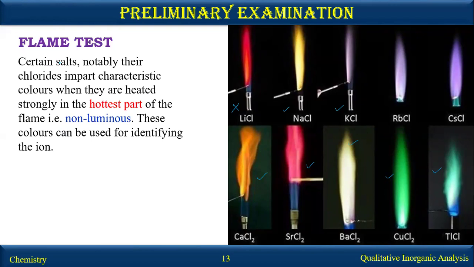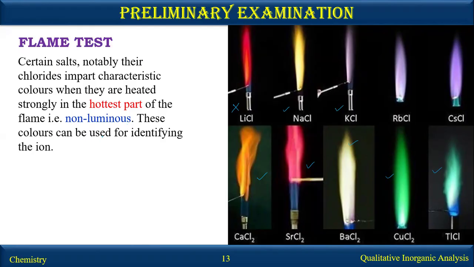The flame test is very fruitful for certain salts, notably their chlorides, which impart a characteristic color when they are heated strongly in the hottest part of the flame. That hottest part is the non-luminous part of the flame.